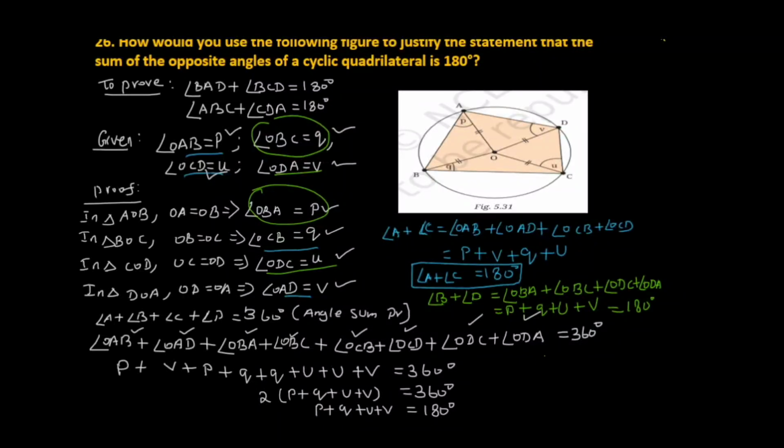So angle B plus angle D is also 180 degrees. So from the figure we can conclude that in a cyclic quadrilateral, the sum of opposite angles is 180 degrees. Opposite angles are supplementary to each other.